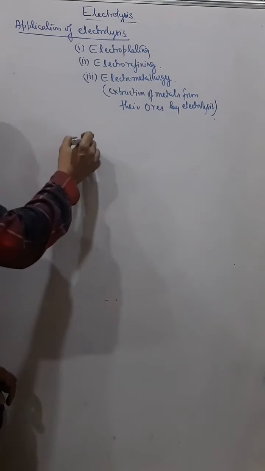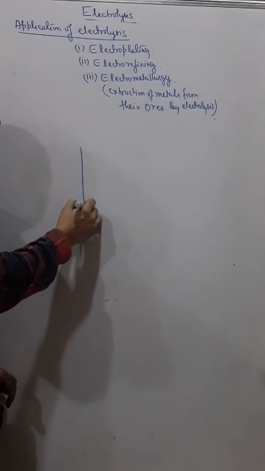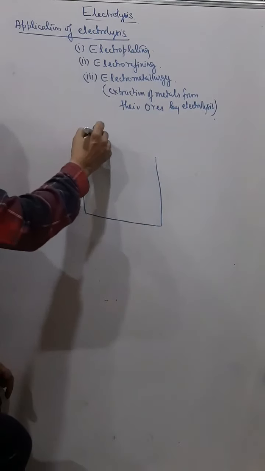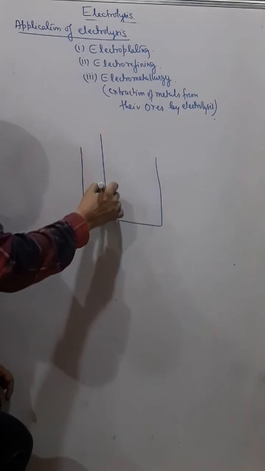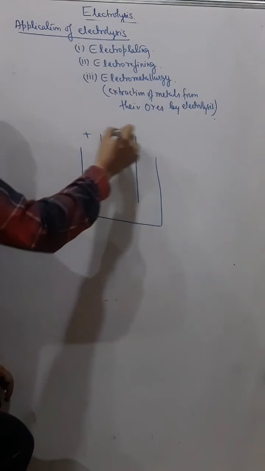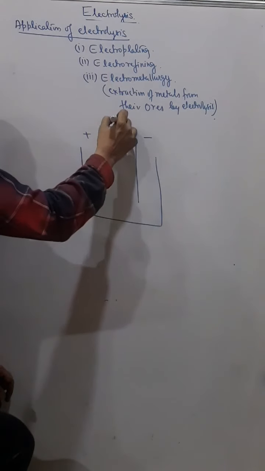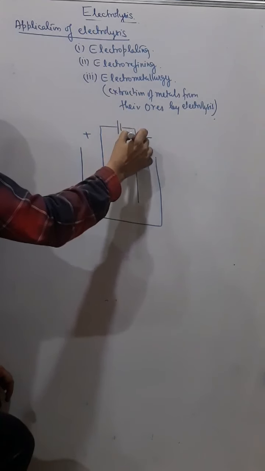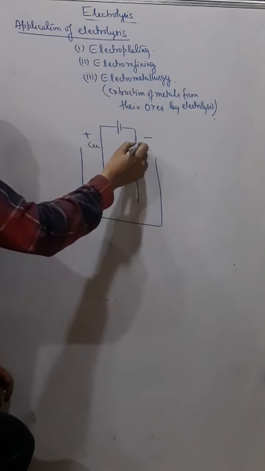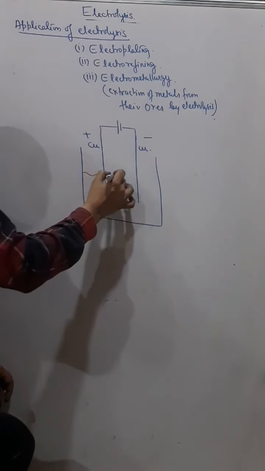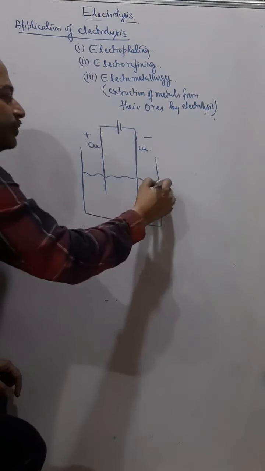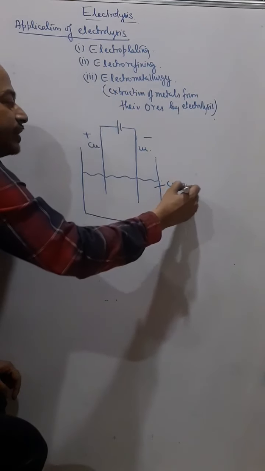Just try to understand again the previous electrolysis that I explained just now. If you remember, this is the anode, this is the cathode. In that case we used copper for both anode and cathode. In the solution we had copper sulfate, CuSO4, and water.